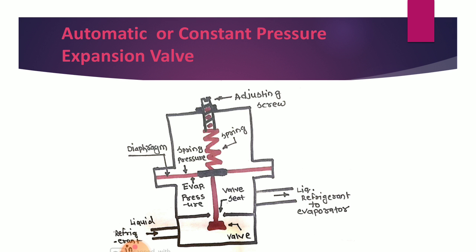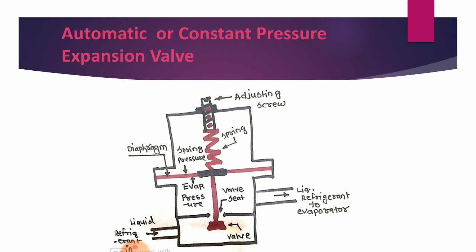When the pressure inside the evaporator falls down, the diaphragm moves down to open the valve. As soon as the evaporator pressure falls, the spring pressure becomes greater than the evaporator pressure, and it exerts force on the diaphragm.